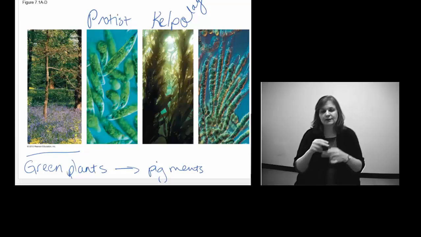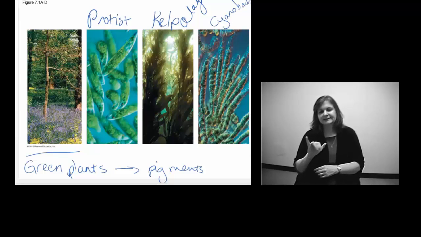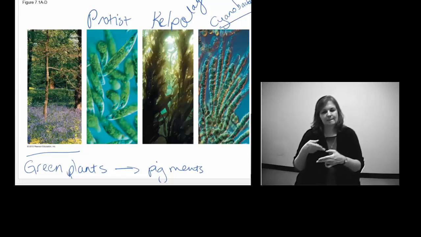The last one that we see here is something called a cyanobacteria. Now, don't let its name fool you. A cyanobacteria is not actually a bacteria, and we'll talk about that later on. But it's named because it is actually a prokaryote, and it is a photosynthetic prokaryote. So remember, prokaryotes generally we talk about as being bacteria.